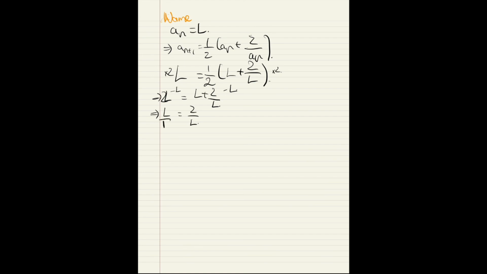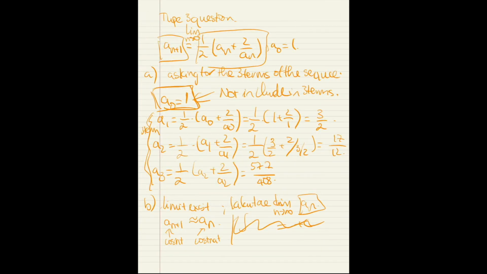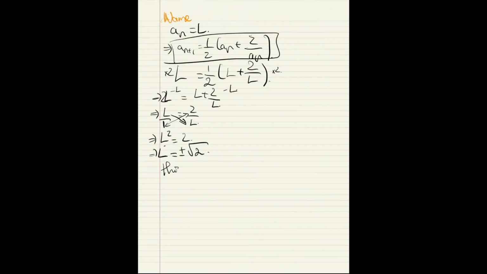This one is L over 1, so I do cross multiplication, so I have L squared equal to 2, which means L equals plus or negative square root of 2. And then we know that this sequence already starts with 1, which means this sequence is positive.